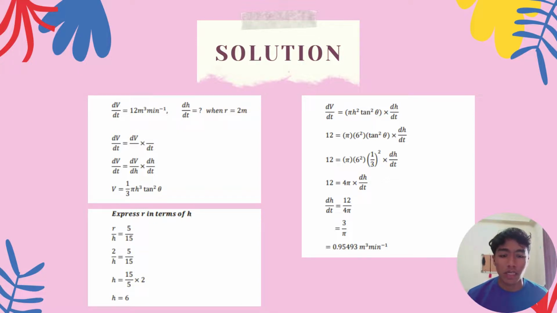So we got dV/dt is equal to pi h squared tan squared theta times dh/dt. Then we substitute the value of dV/dt into the equation, and also the value of h and tan squared theta. And we got the answer is 0.95494 meter cubic per minute.